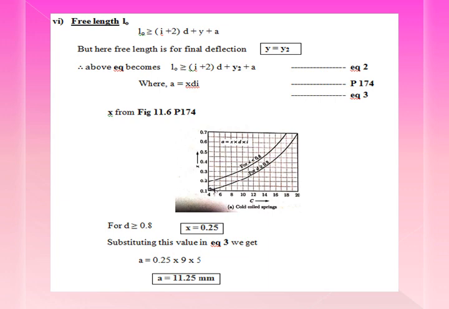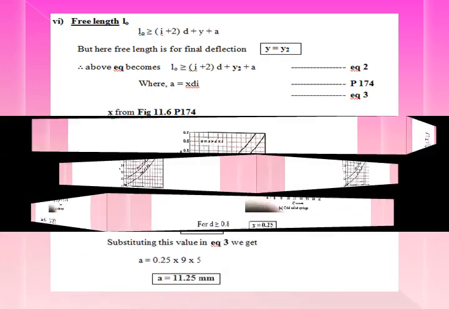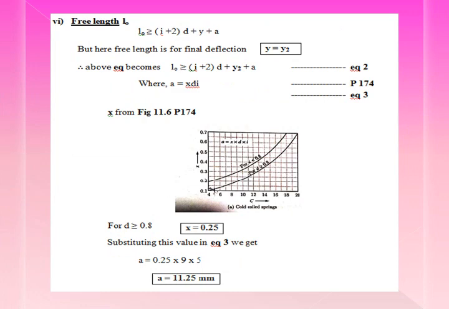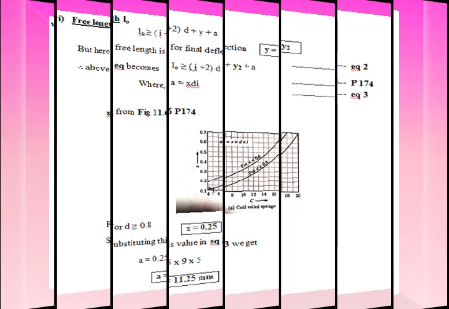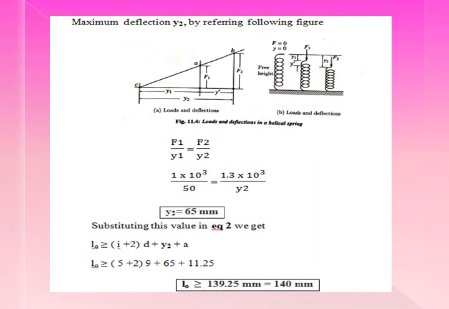For the corresponding spring index C equal to 10, we are getting the value in and around 0.225, but here I took 0.25. You can go for that also. For 10, I took x equal to 0.25, use the same. So substitute this value in equation number 3. We are getting a equal to 0.25 into 9 into 5. We are getting the value a equal to 11.25. The value of a is 11.25 mm.